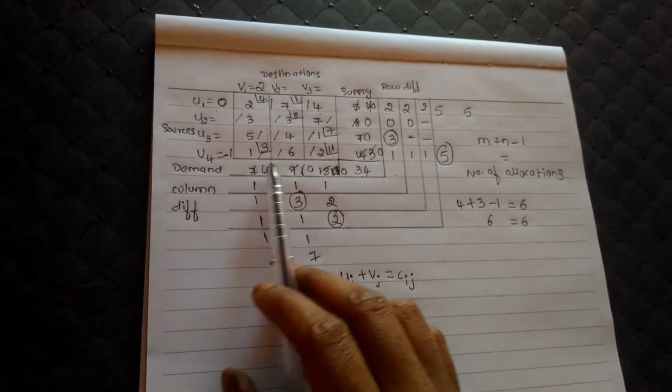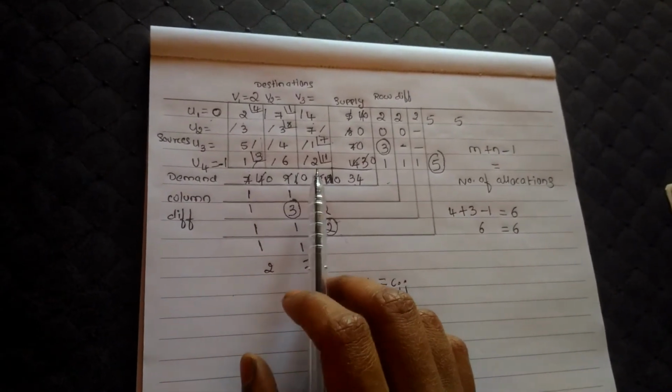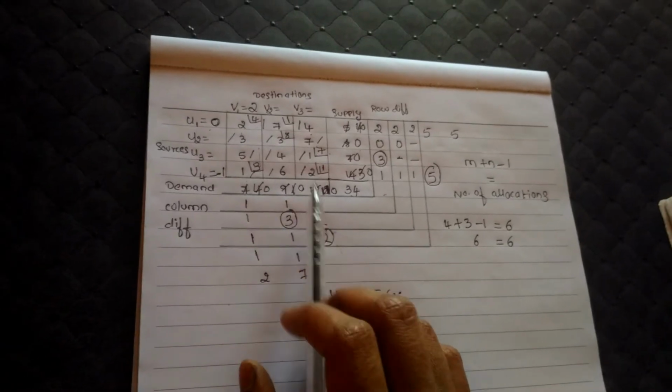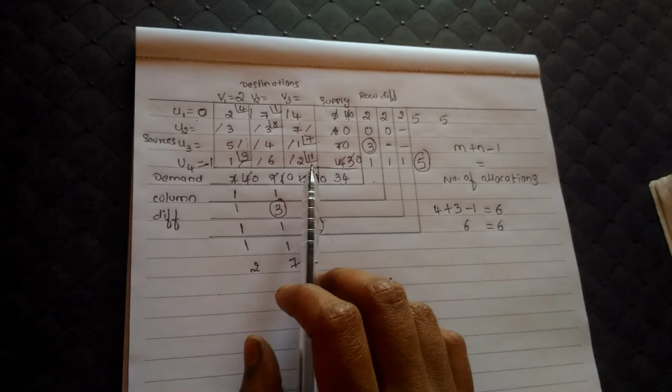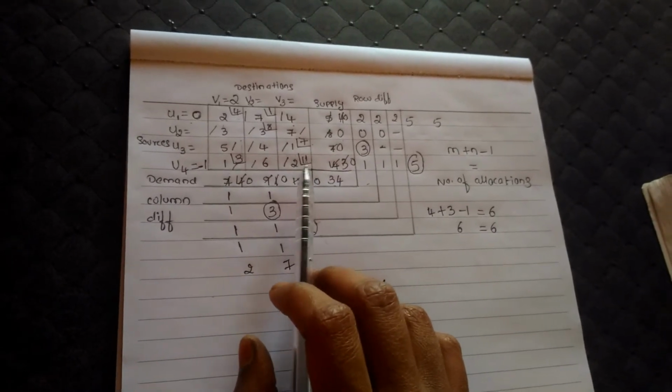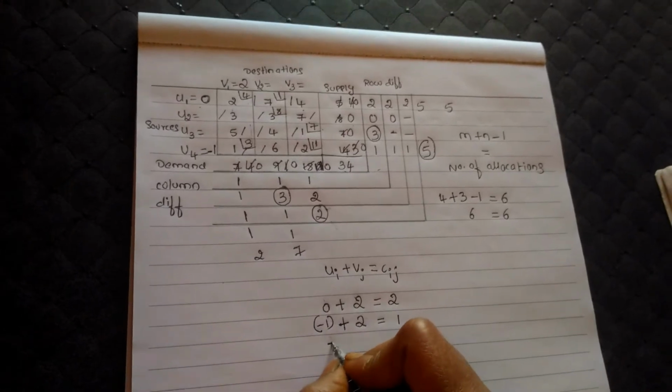With help of this, I would be able to check if there are any more allocations made in the same row so that I can find out the value for the next column. I now find out that in the same row, the third column has got an allocation. So now the value for U4 is -1.